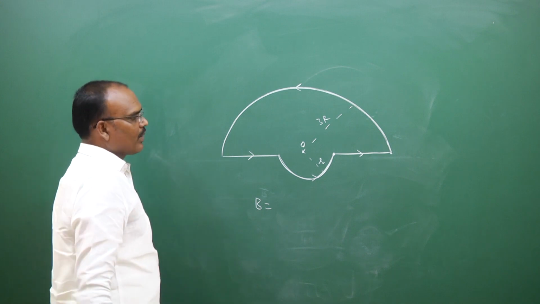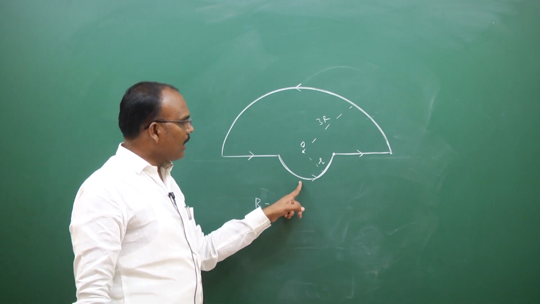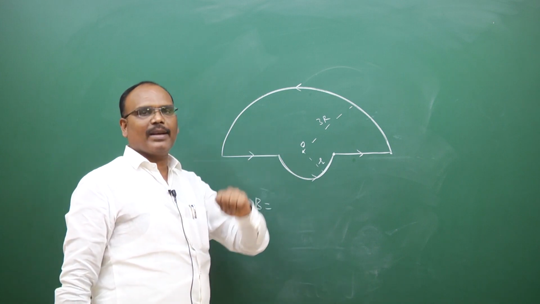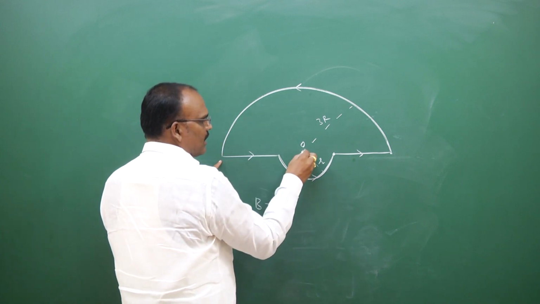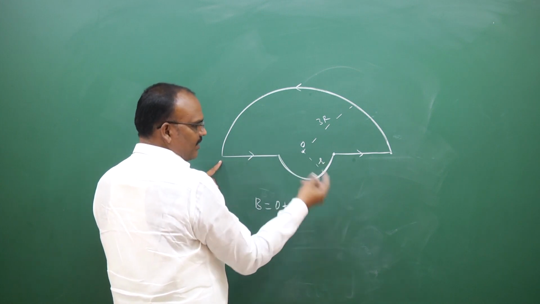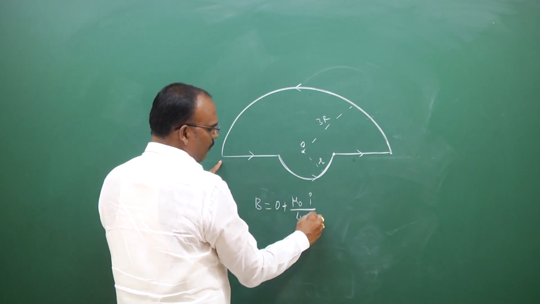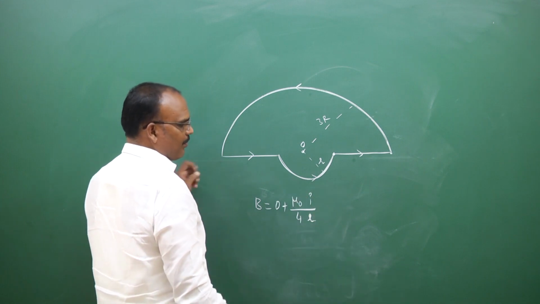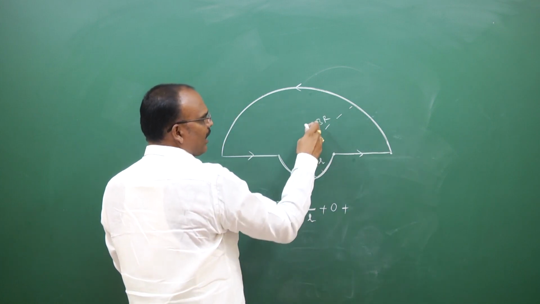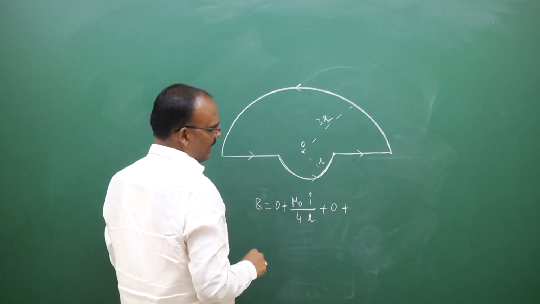Magnetic field B is equal to, here I have one straight finite length conductor, arc, conductor, finite length straight conductor, arc, total 4 elements. Due to this element, this point is along the axis of a conductor, so answer is 0. Due to this, we are doing many times, we got mu naught I by 4r, this I have substituted straight away, plus this conductor is 0. For this conductor, except radius is different, that's it, remaining all same.